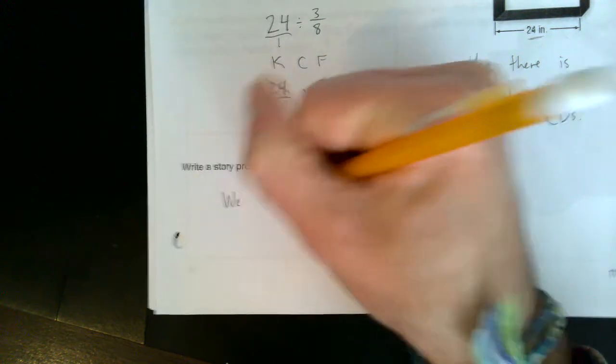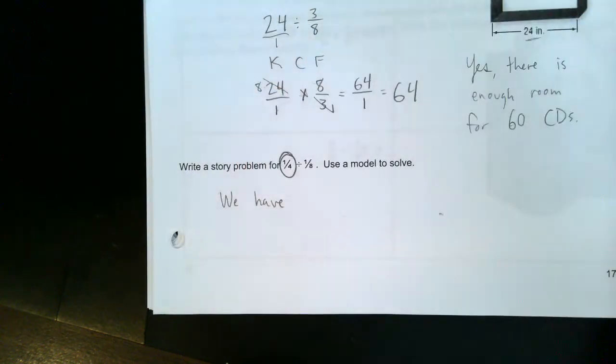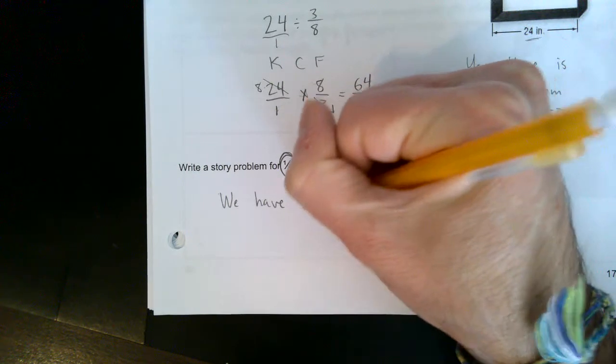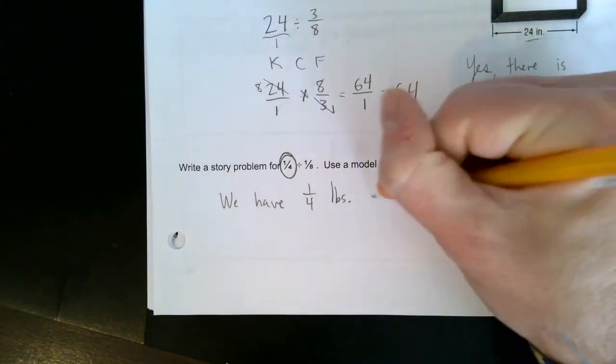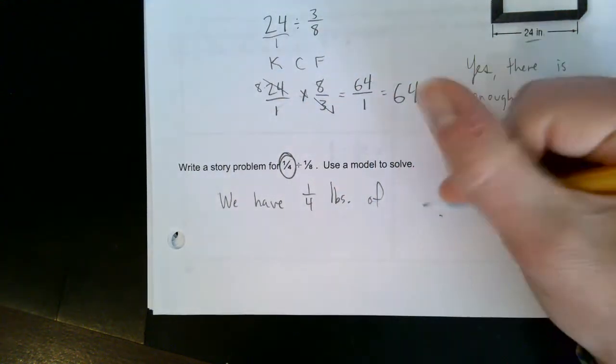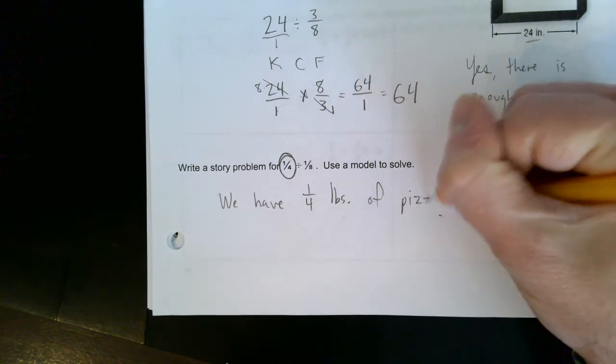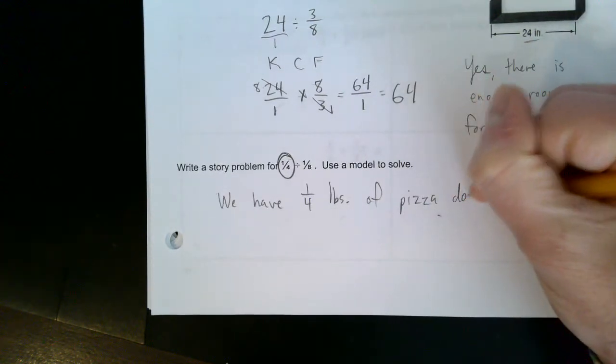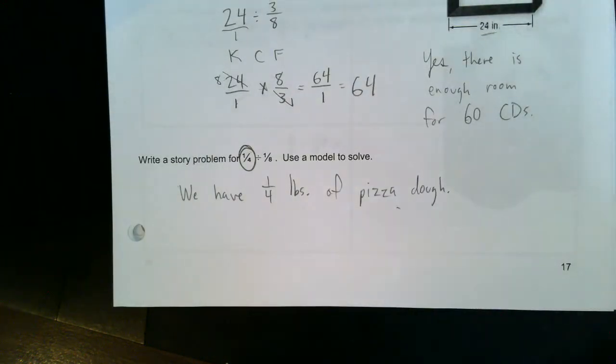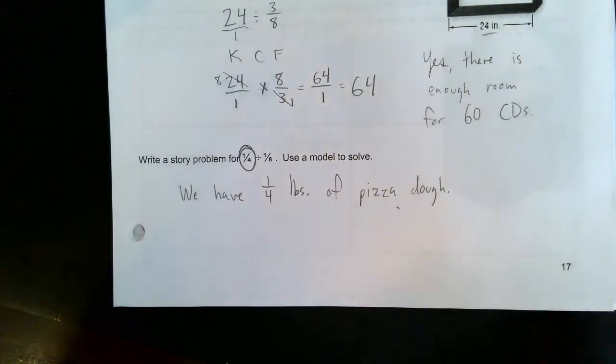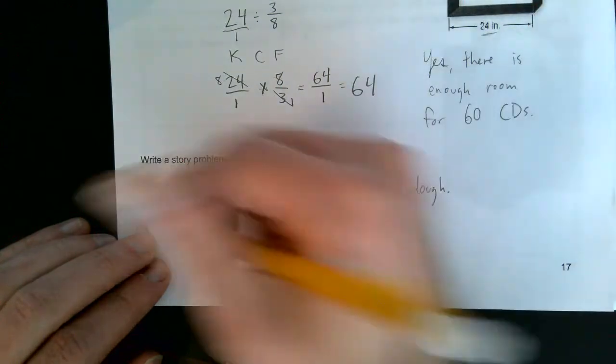We have, I'm going to say we, just as a class, we have 1/4 pounds of pizza dough. So that's the amount we have right off the bat. That's what we're going to divide up.